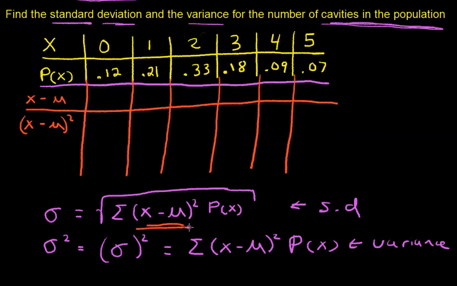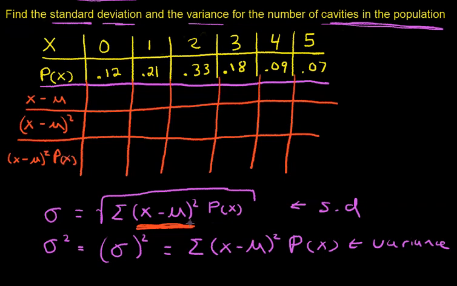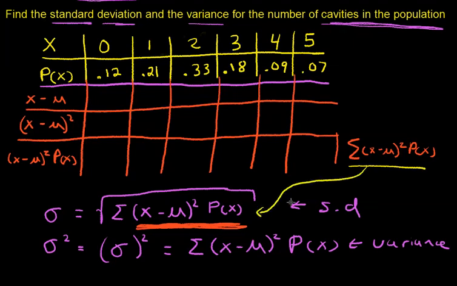Then the last row I'm going to calculate is the difference squared times p of x. That's what we see here. Then you're going to sum up this last row. The sum of this row will be the information inside the square root. So you'll take the square root of it, and then you'll know what sigma equals.